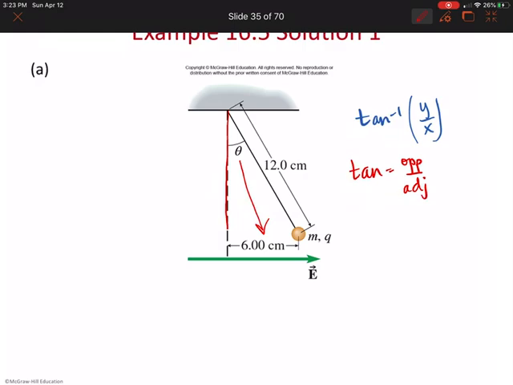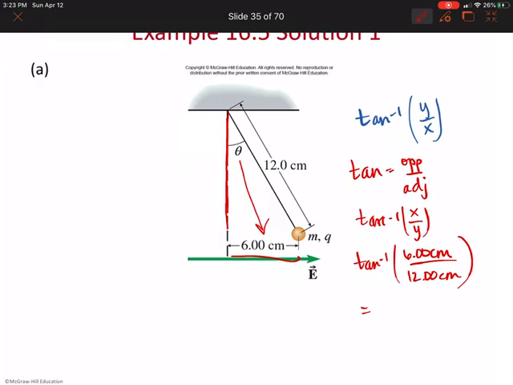It's opposite to the x, and it's adjacent to this y value right here. Okay? So whenever we go to do the inverse tangent, we need to do the inverse tangent really of x over y. So we have inverse tangent of our x value, which is 6 centimeters divided by 12 centimeters, which gives you this angle of 26.6 degrees. Okay?